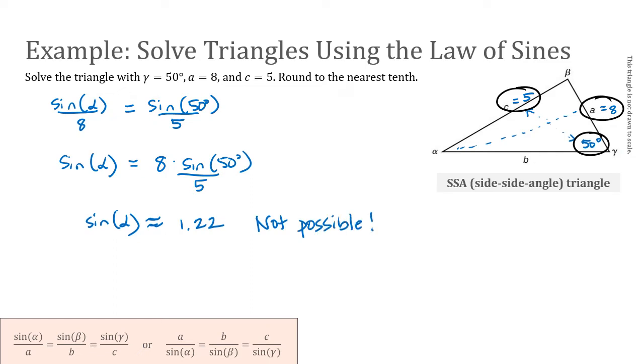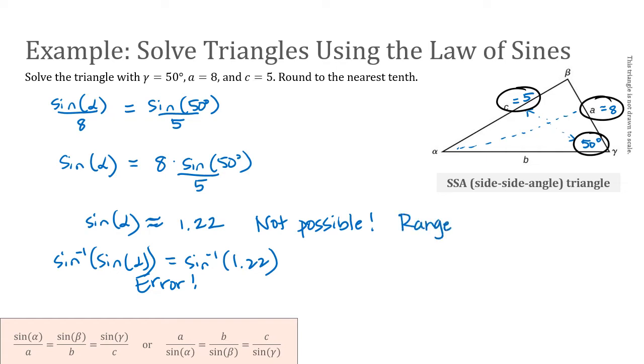Why is it not possible? Well, you can try it if you'd like. You can go ahead and put into your calculator sine inverse of 1.22. But when you do that, your calculator is going to scream at you: error. Now, the reason why is because, maybe you remember, the range of the sine function, go back to your understanding of a unit circle.